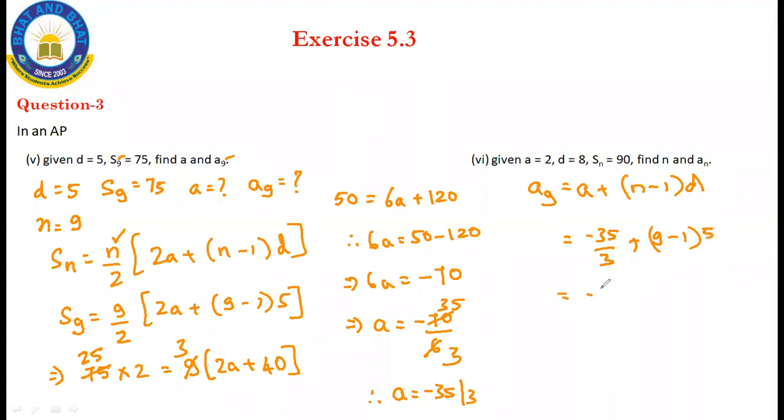So minus 35 by 3, 9 minus 1 is 8, 8 5s are 40. Minus 35 plus 120 divided by 3. This is the LCM. I hope I need not explain you about LCM. That is 85 divided by 3. This is your A9.